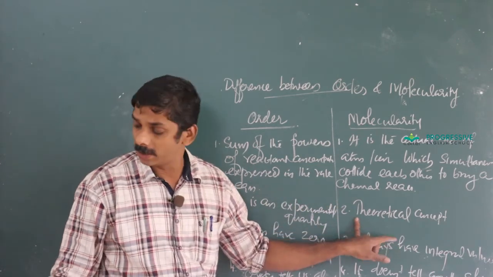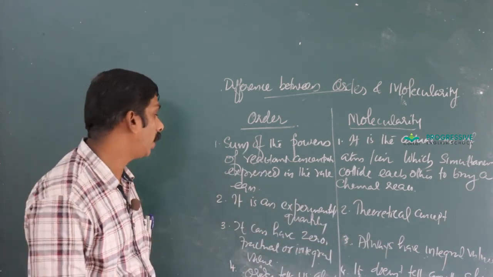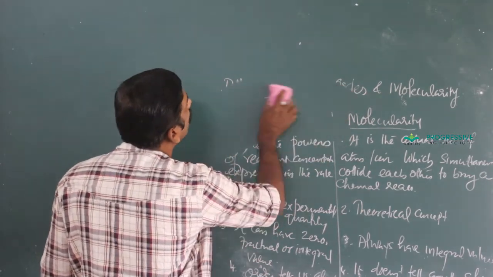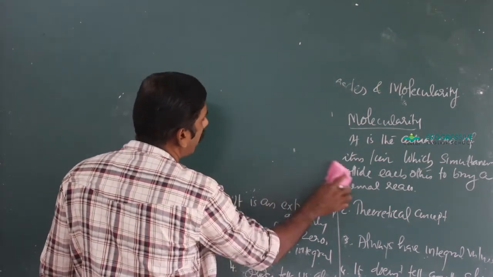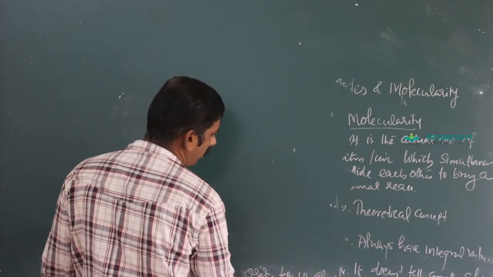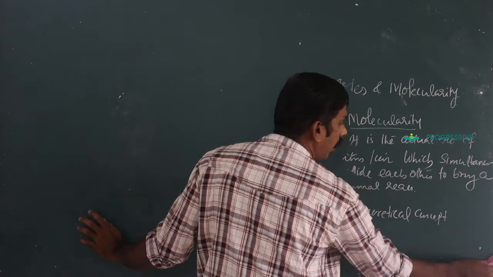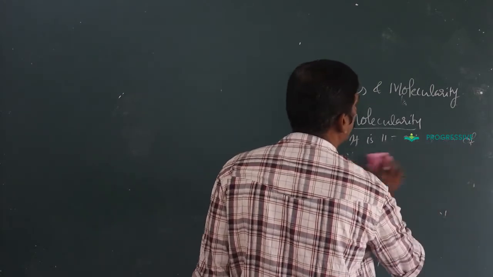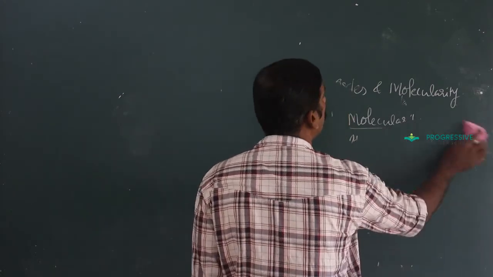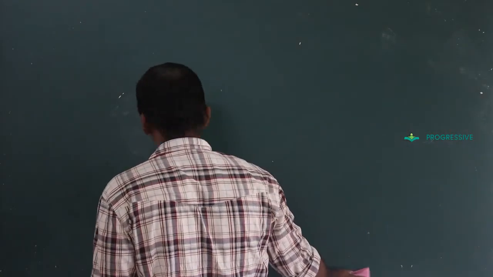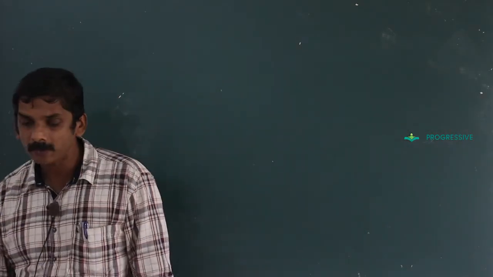Molecularity is a theoretical concept and it can have only integral values. In certain cases, order tells us about the mechanism of the reaction, while molecularity does not tell anything about the mechanism of the reaction. This is an important question for your board exam. That is, differentiate order and molecularity.